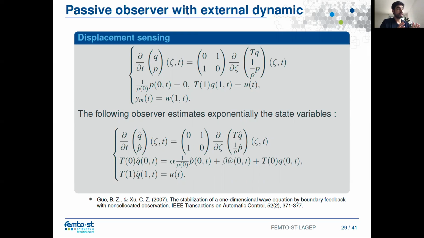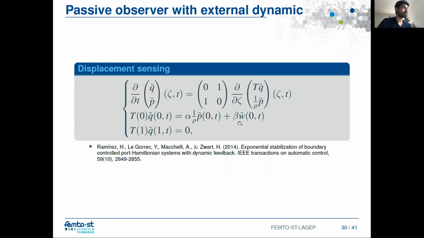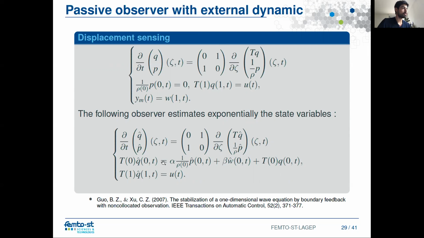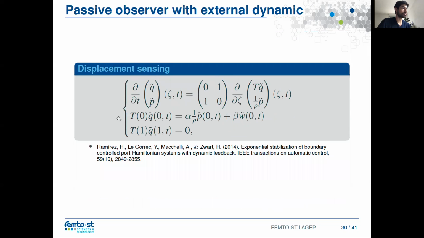But for now, we have that the observer is nothing but an interconnection between two port-Hamiltonian systems. So if we subtract this system minus this system, we obtain the error system like this with this boundary condition. In the boundary condition, you can see that here we have a part which is the conjugated output of this system, and we have a dynamic term.